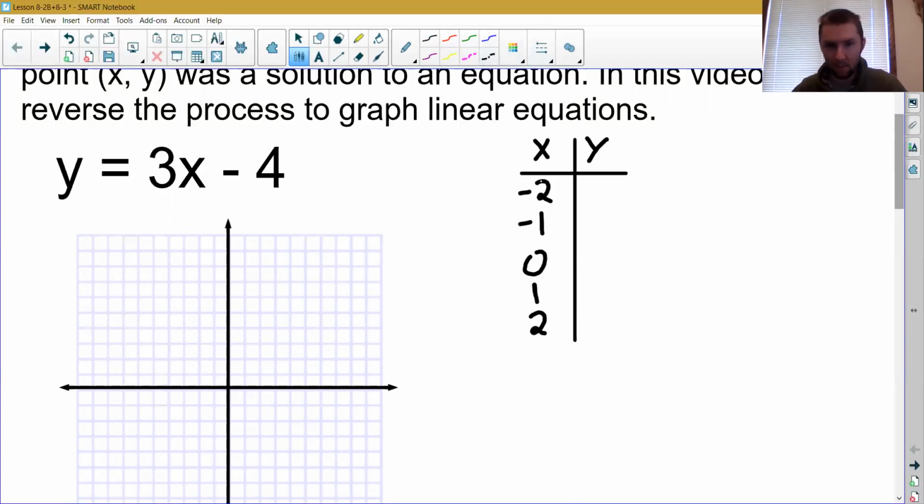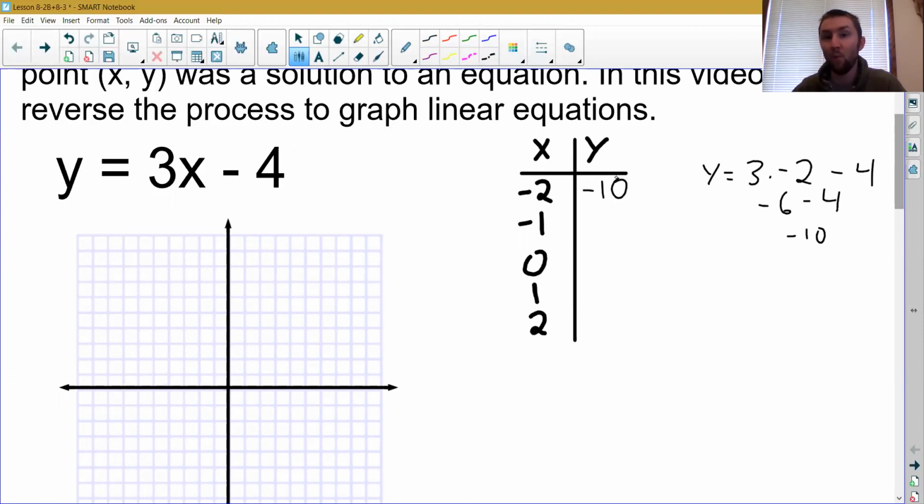So when x is equal to -2, my equation says y is equal to 3 times -2 minus 4 more. So 3 times -2 is -6, and then minus 4 more would give me -10. So when x is -2, my y value is -10.